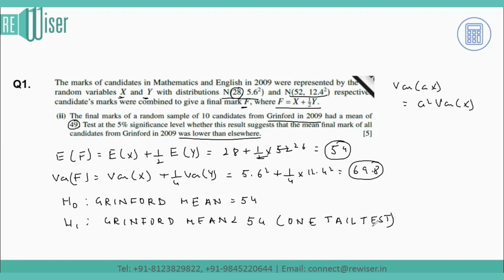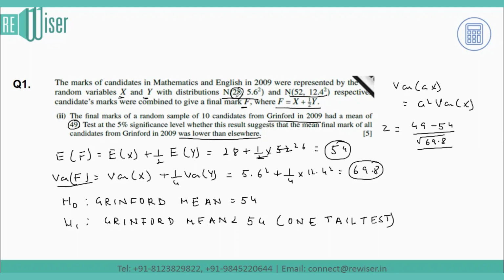So please remember it's less than 54, so it's a one-tailed test. Now we need to calculate the z statistic. The formula for this is the mean, which is given here as 49, minus the calculated mean, which is 54, divided by the standard deviation. So we have to find the standard deviation. The variance of f is known, so the square root of the variance gives us the SD, divided by the square root of the sample size.